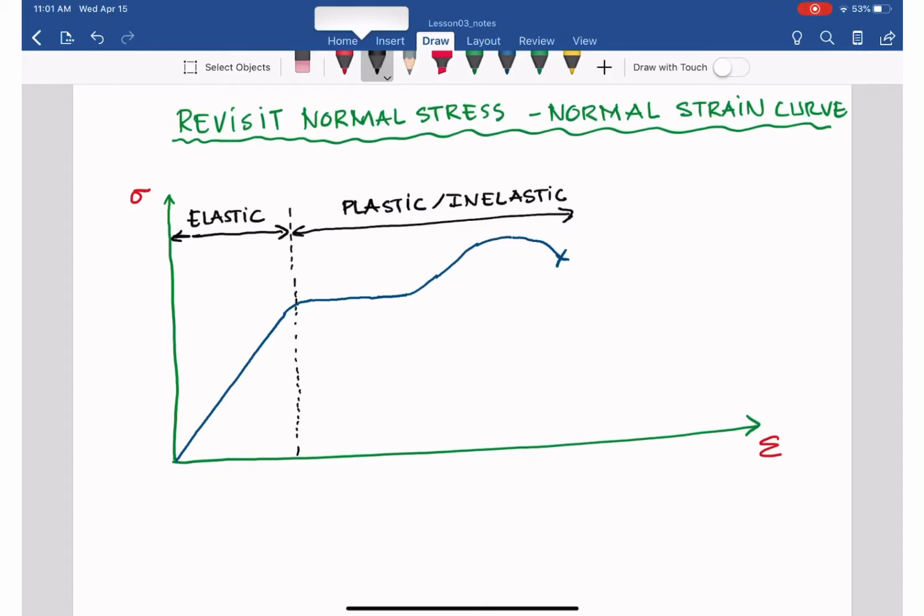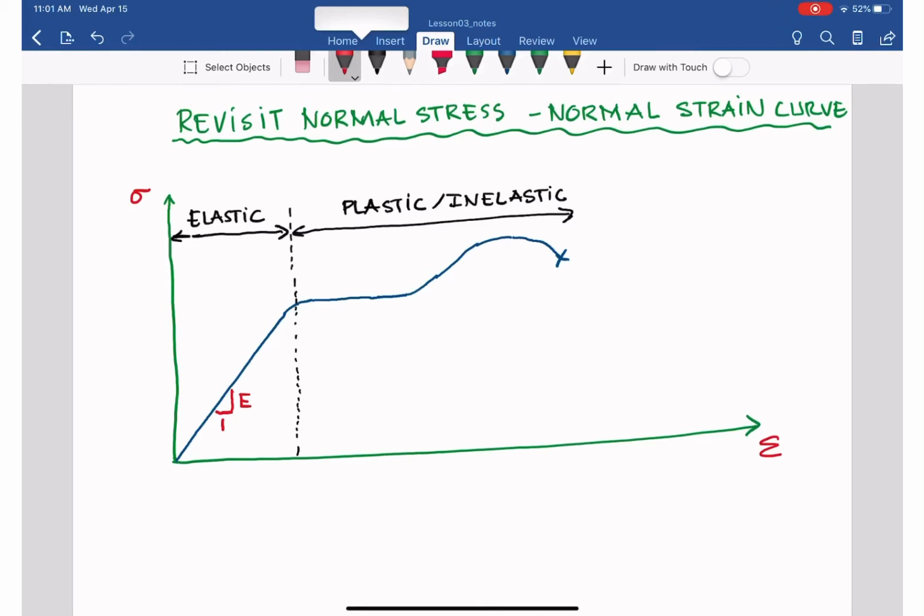Last time we also defined the Young's modulus as the slope. If we go horizontally in the normal strain, whatever the sigma changes vertically, the normal stress change, that is the Young's modulus, or the modulus of elasticity. There are a few other things we need to talk about here.